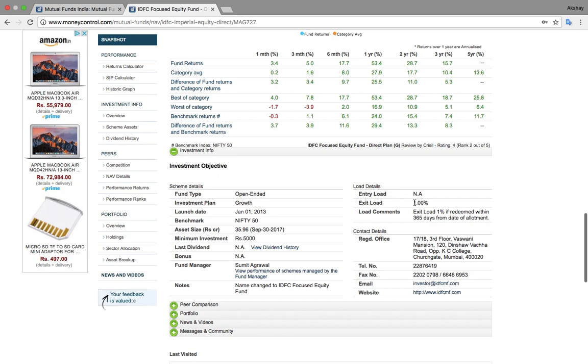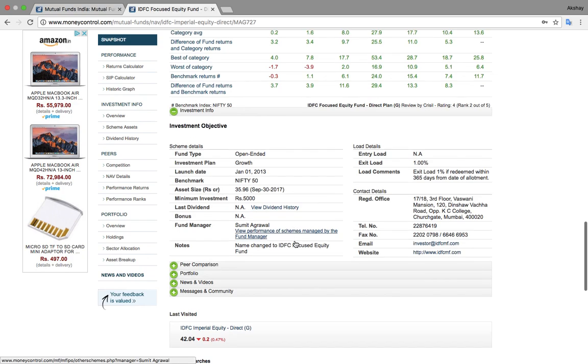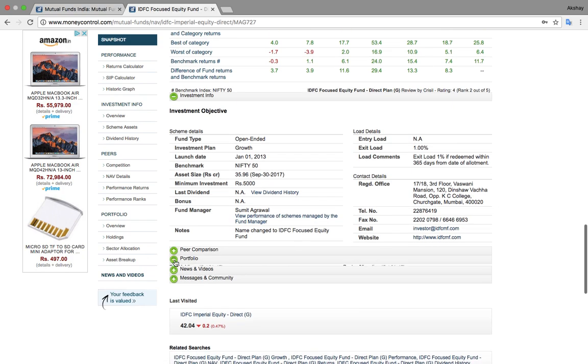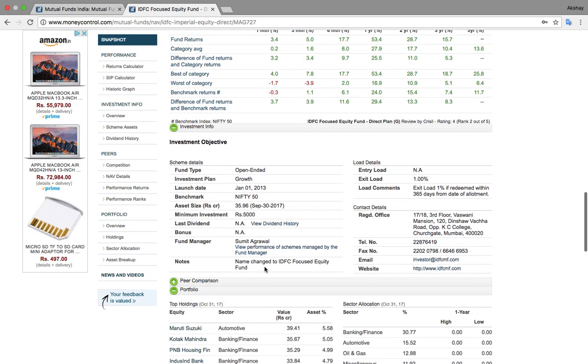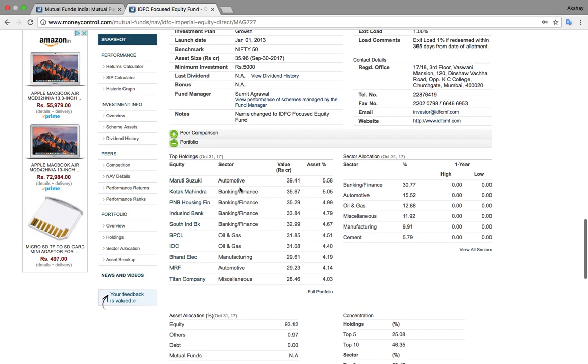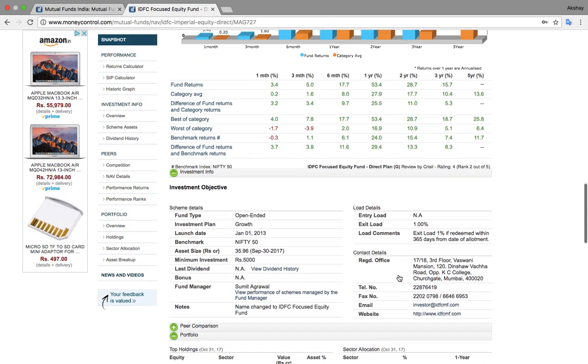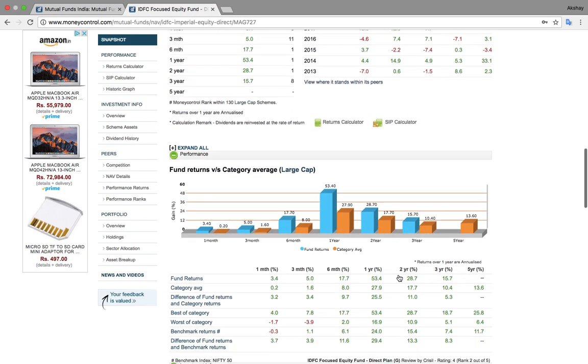In that case exit load will be 0. Then you can check dividend history here. This is portfolio, that is if you put some amount into this mutual fund, then your fund manager is putting your money into these shares. You can see the percentage also. These are the basic things how you can read mutual fund.